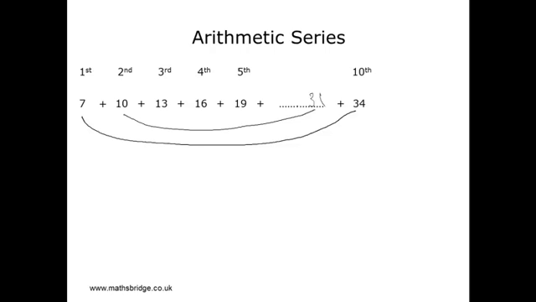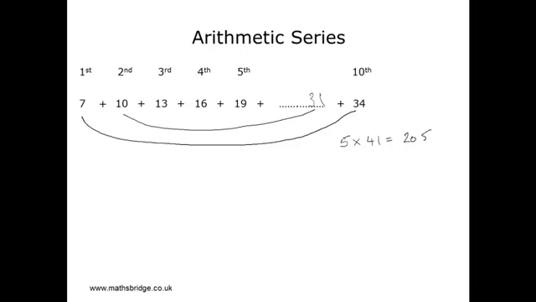So all of our pairs will add up to 41. There are 10 of our terms altogether, and so we have 5 pairs, and so we'll do 5 lots of 41, and we end up with our sum of the first 10 terms of this being 205.